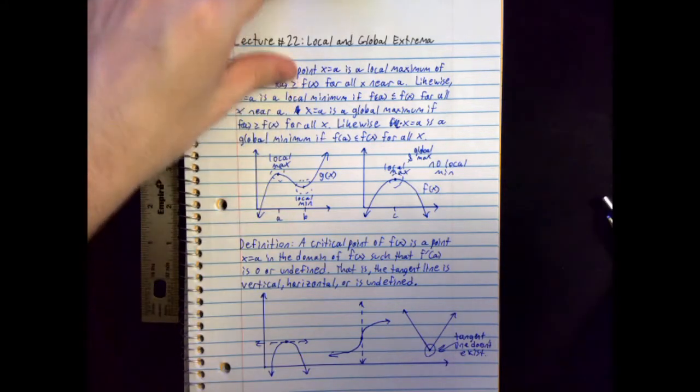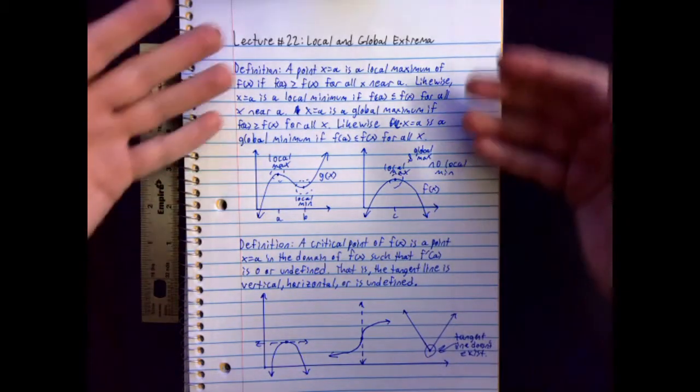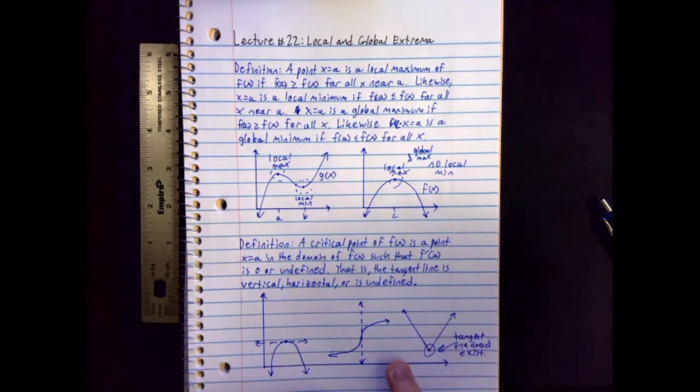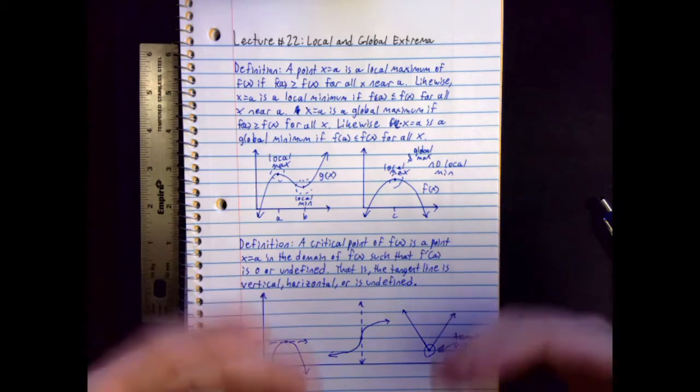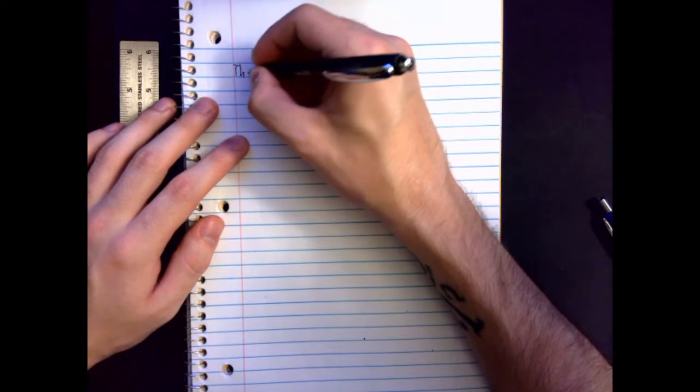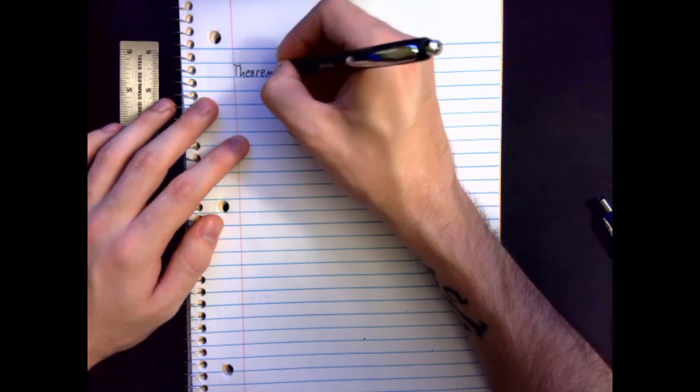So the main first thing that I want to say, so we have these local minima and local maxima, and this definition of a critical point. It may not be particularly surprising that the two are very much connected. So let's go ahead and state a theorem. We're not going to prove this theorem, but we'll just state it.